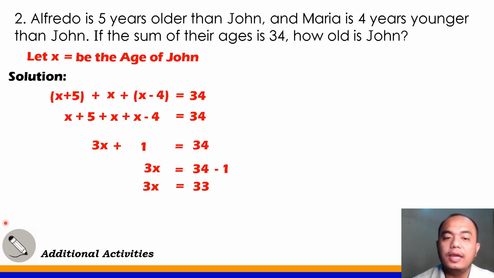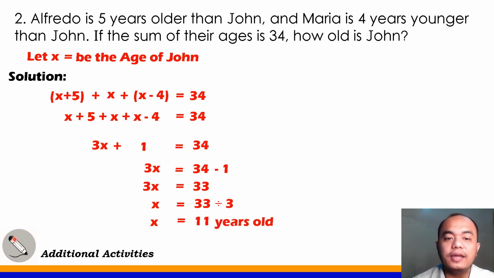Yes, 33. Ngayon naman, ilipat na natin yung 3 dito sa kabilang side. Okay? From multiplication here, kung ililipat natin dito sa kabila, will become division. Very good. So x na lang ang matitira equals 33 divided by 3. So, x here equals 11.